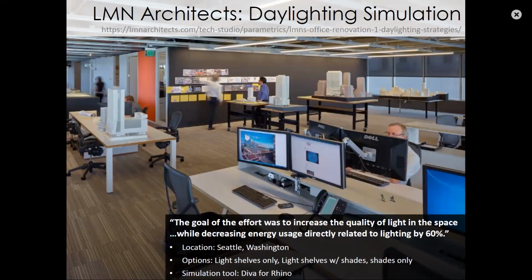So we did a case study a while back with Element Architects, and they were looking to renovate their Seattle-based office. One of the key goals defined by the firm was to maximize the natural light while maintaining employee comfort, all while saving energy. They considered multiple daylighting system options and set out to evaluate which would work best using daylight simulation.